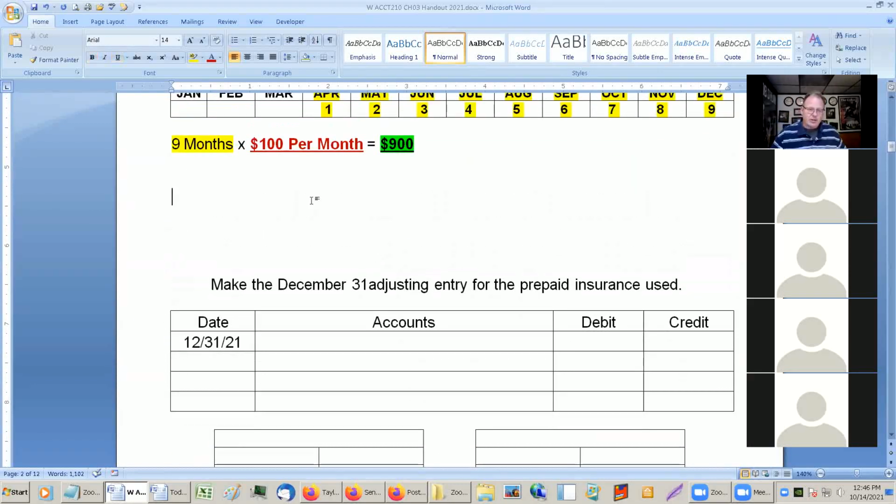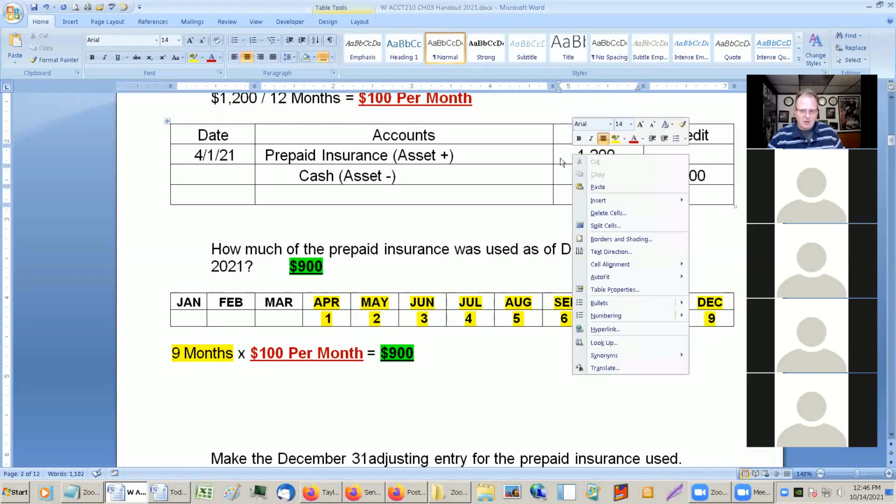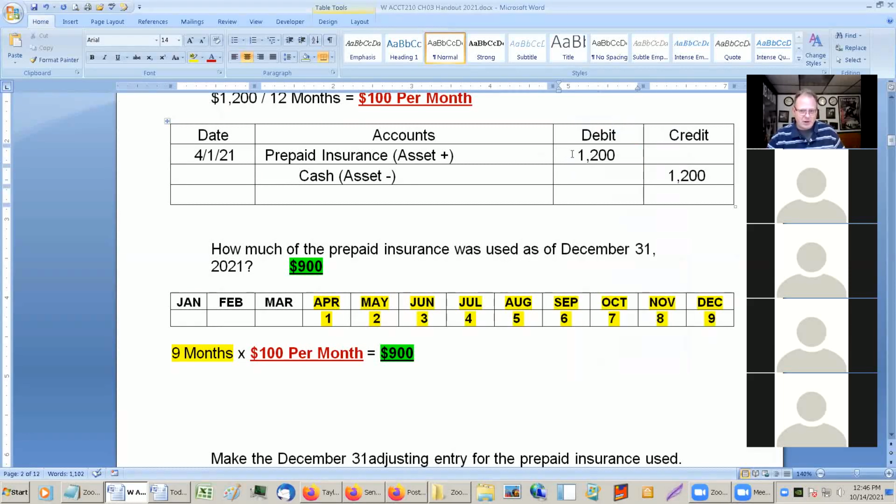Okay, so we are going to make the journal entry. We have an asset of $1,200 in prepaid insurance. Now we've used 9 months of it. Is that going to reduce the asset or increase it? Reduce, good. If this is a debit, what are we going to use to reduce it?